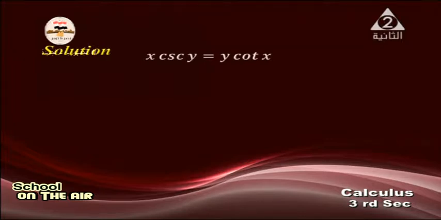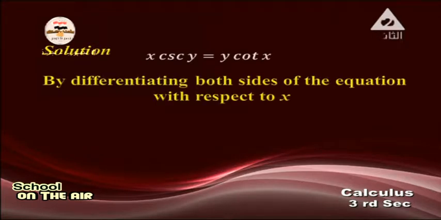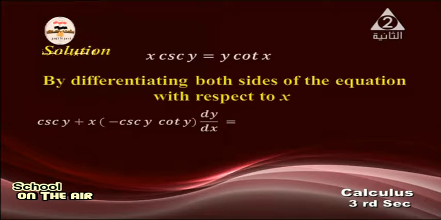Now, what is the derivative of x? Remember that we are differentiating both sides with respect to the variable x. Then the derivative of x is 1 multiplied by cosec y, plus x multiplied by the derivative of cosec y.